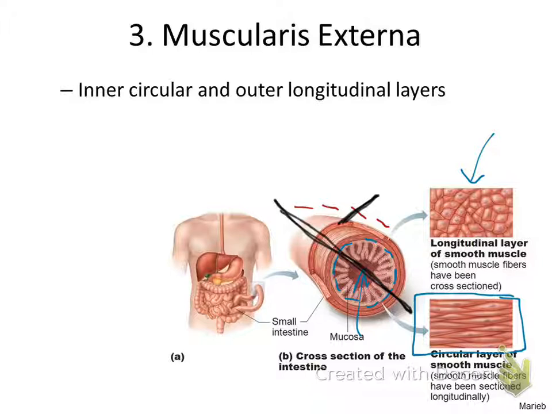So if we do a cross section, we're going to see this kind of view with the circular layer, but if we do a longitudinal section, we're going to see this kind of view with the longitudinal layer. So thank you for making me aware of that. I'll make sure to correct that before I post the PowerPoint today.